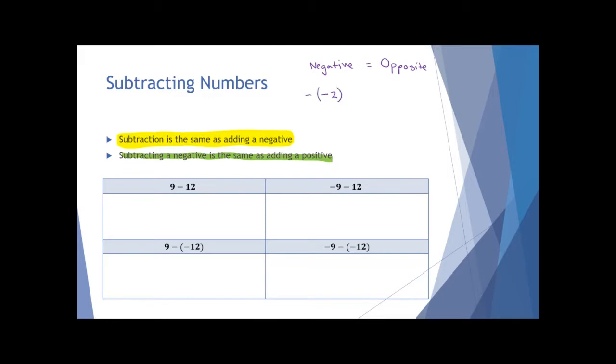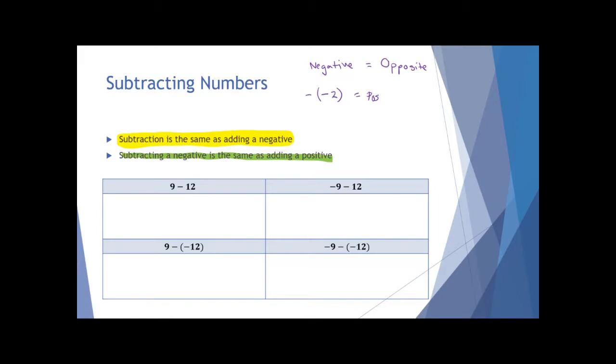If I put another negative sign in front, I'm now taking the opposite again. So the opposite of a negative is now a positive. So if you're subtracting a negative, those two negative signs essentially cancel and you're left with a positive. So it turns into adding.